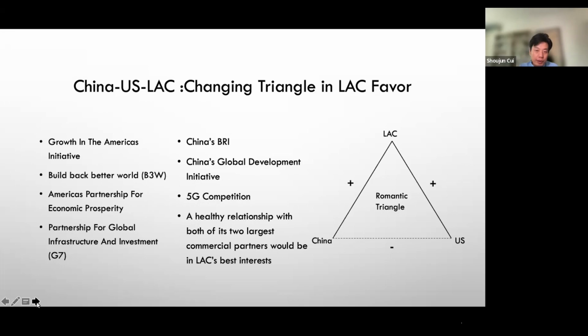So a healthy relationship with both of the largest commercial partners would be in Latin America's best interest. China's relation with the US is worsening, but China's relation with Latin America is getting better. And there's a possibility that because China's presence in Latin America is increasing, the US will pay more attention to Latin America. It's likely.